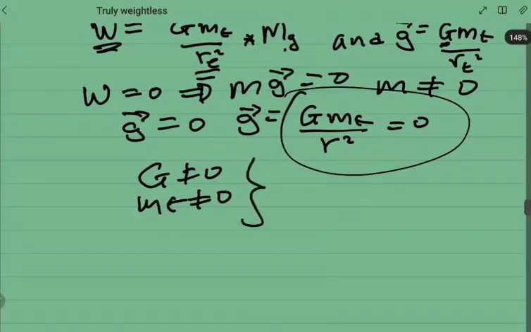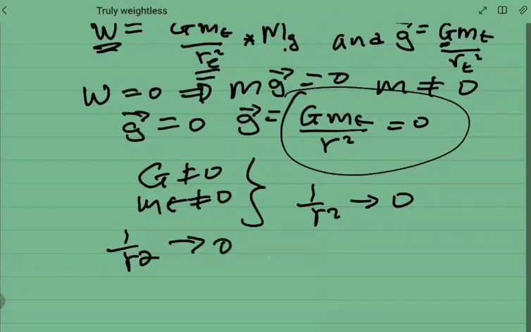So where can this g be 0? When 1 over r squared goes to 0, which happens when the distance between the person and the center of the earth is very far, meaning 1 over r goes to 0 as r goes to a very large number.